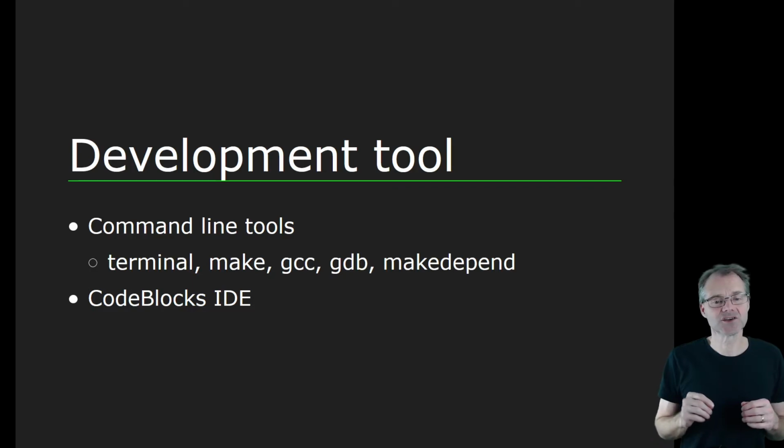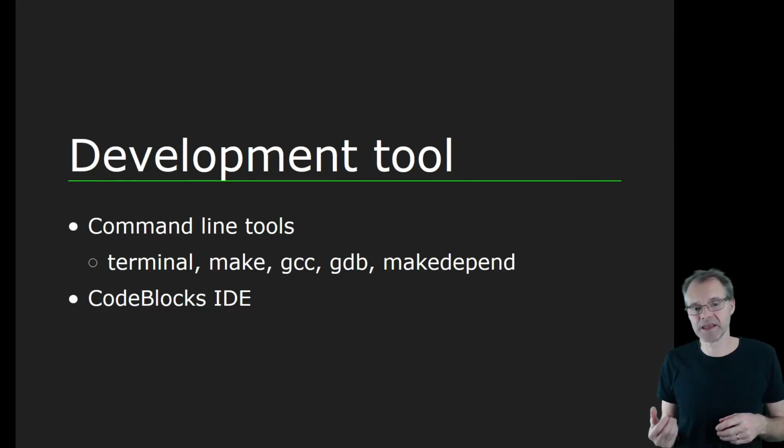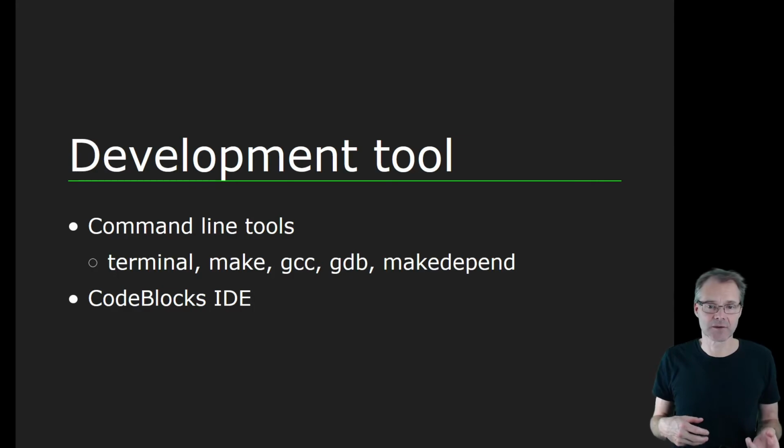The examples I show are basically built using command line tools. I'm just having my text editor. I run my programs in the terminal. I use make to compile them. I have the GCC compiler, GDB for debugger.